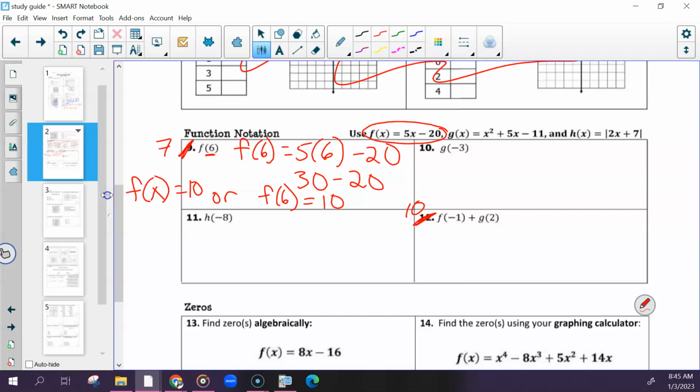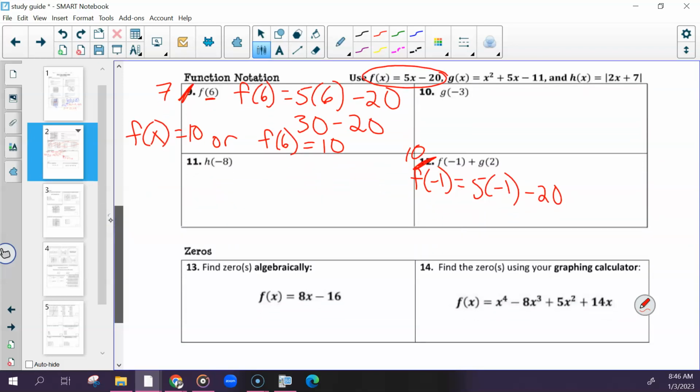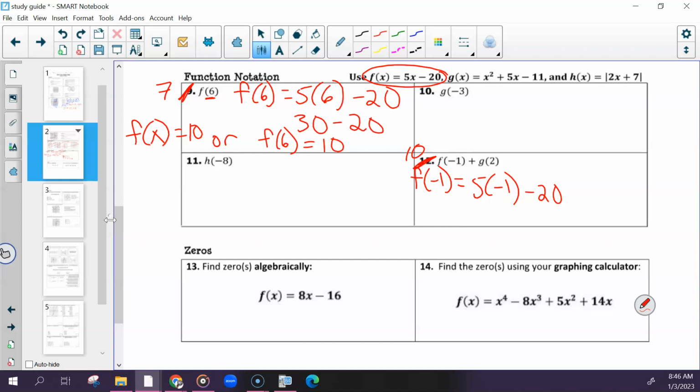Ten is very similar. There's just two parts to it. So we have our f equation. So we're going to use that same thing as we did before. F of negative 1 equals 5 times negative 1 minus 20. Do that first part.